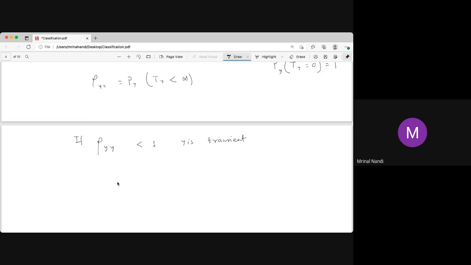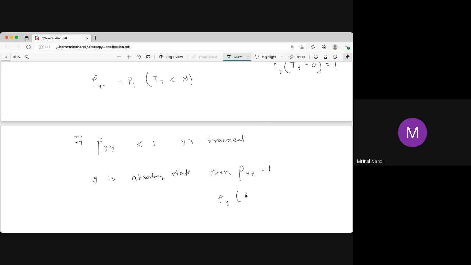So if y is an absorbing state, what do I mean? It is clear that if y is an absorbing state, then rho yy is equal to 1. It's obvious. If you take n equal to 1, then the hitting time is 1.